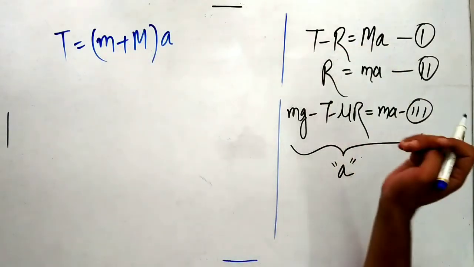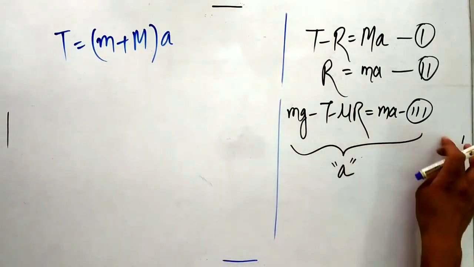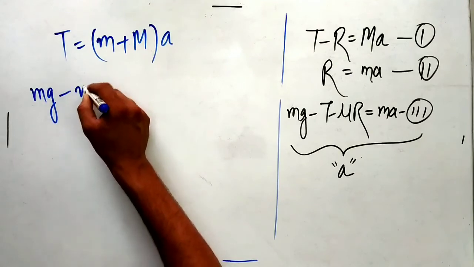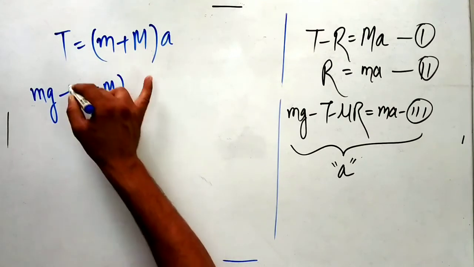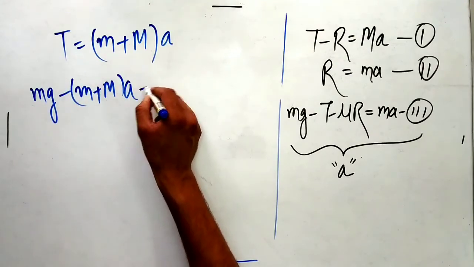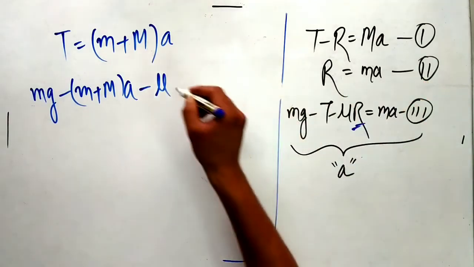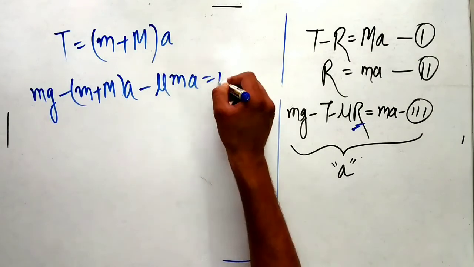Putting the value of T from here in the equation 3, we get mg minus (M plus m) times a minus mu R, R is equal to ma, ma equals ma.